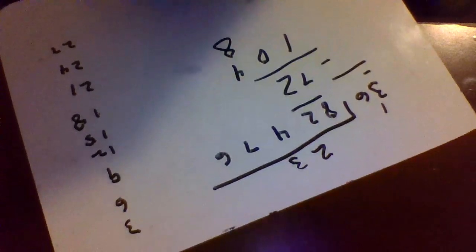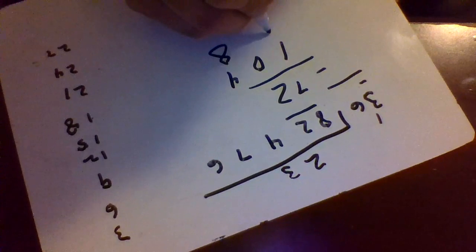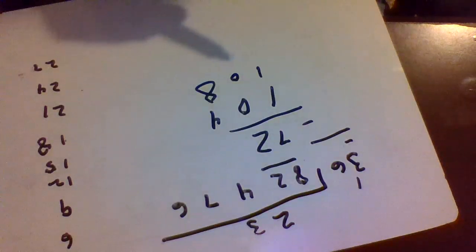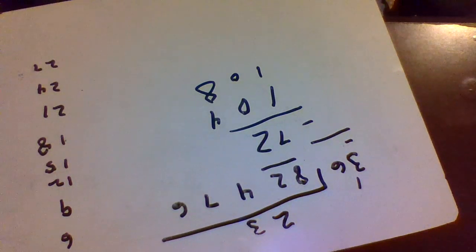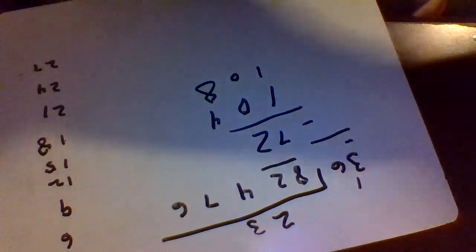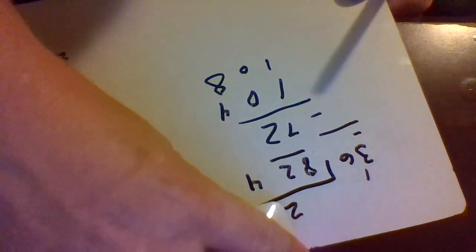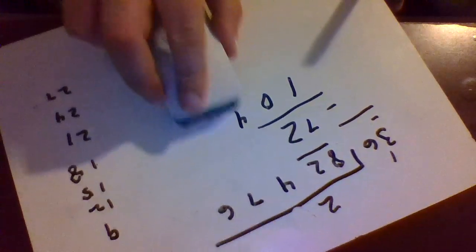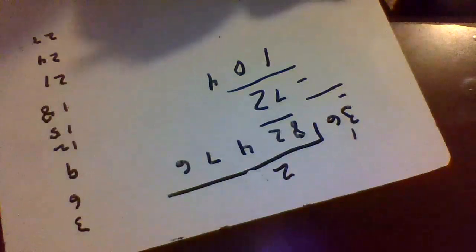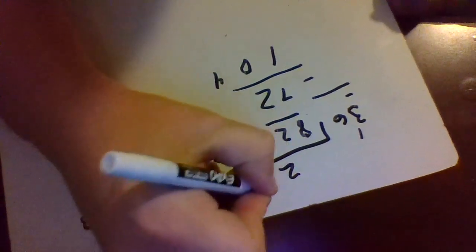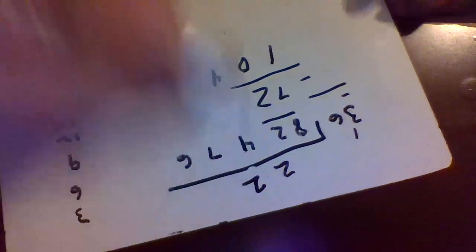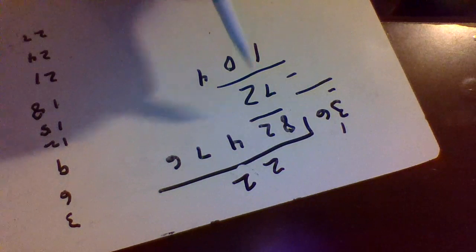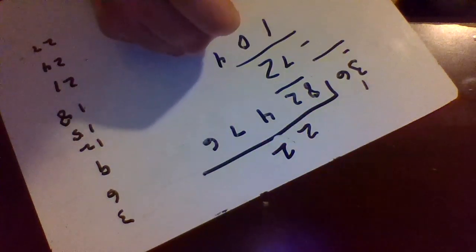Carry the 1. 3 times 3 is 9, plus 1 is 10. So 108 is bigger than 104. So we know we have to try again. So we're going to go down 1 to 2. And just a shortcut, we already know 2 times 36 is 72. So we're just going to put 72.